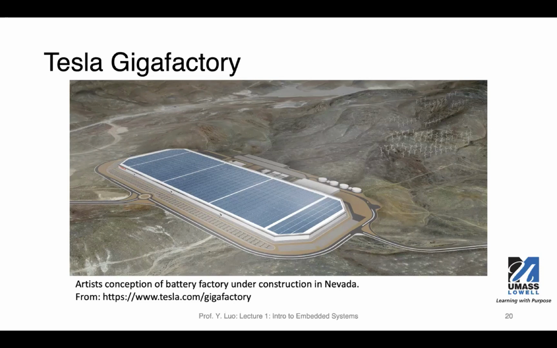On the roof, all these solar panels can generate a lot of power. And the nearby wind farms have wind turbines that will generate power in megawatts to drive this factory.